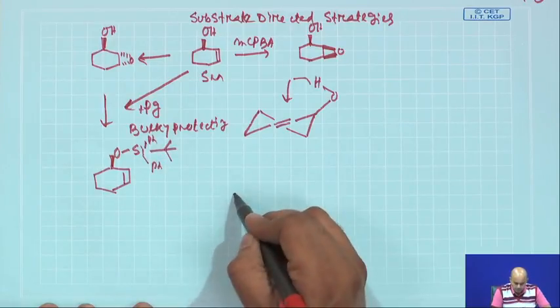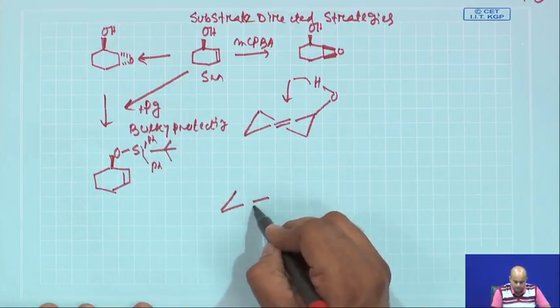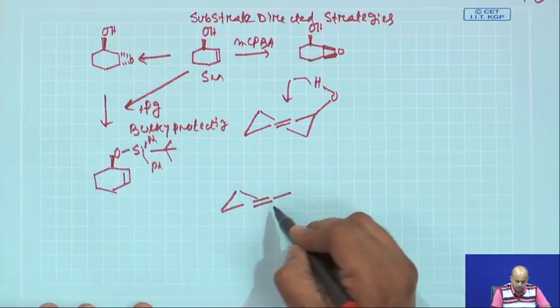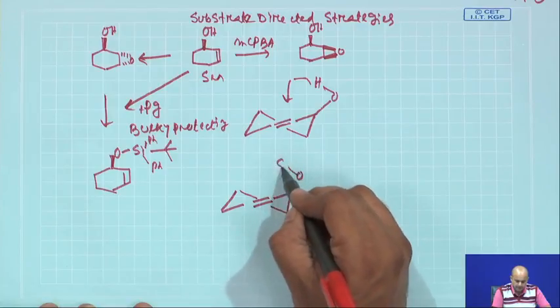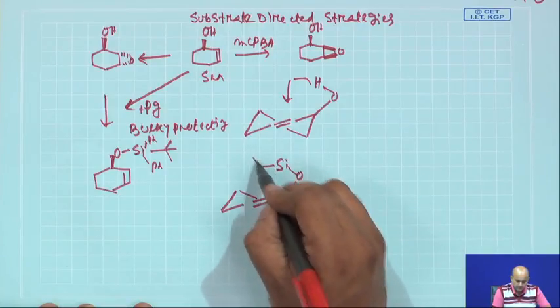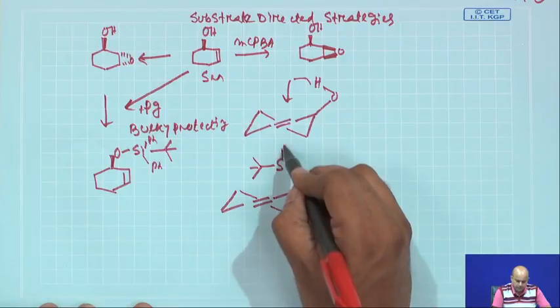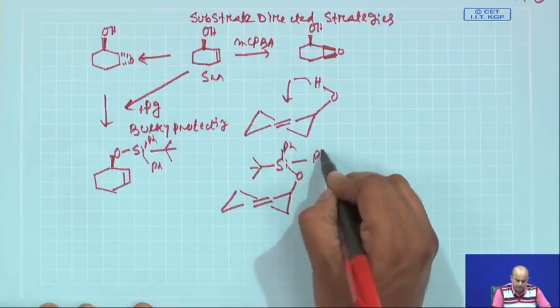Now try to draw its ground state half chair form. Now, you have this Si, this tertiary butyl, this phenyl, this phenyl.